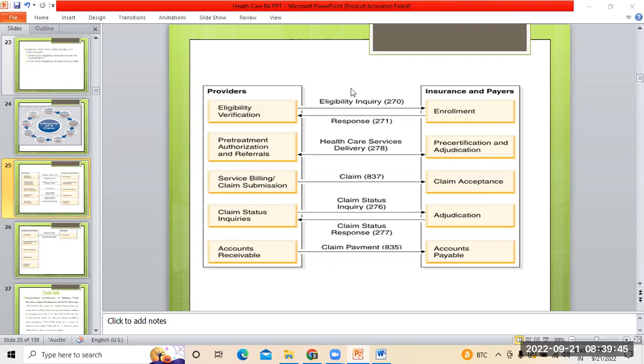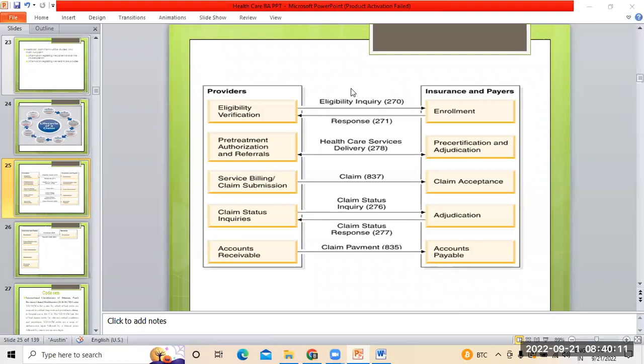That information is cross-checked with the insurance payers for pre-certification and adjudication. The code number used, either from provider to insurance organization or from insurance organization to provider, is 278. Please do remember: 270 for eligibility inquiry, 271 for response.